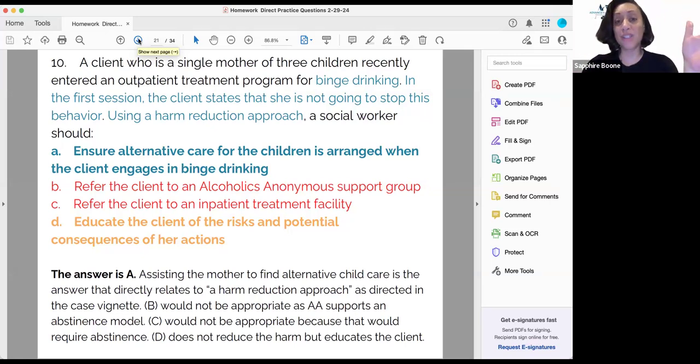But for harm reduction, it's a different approach in which once we know that the client does not have a desire to stop the behavior, now we're focused on how do we ensure that nobody gets harmed while you are indulging in this behavior. It kind of takes the judgment out of it. We have to be non-judgmental, we can't judge them for wanting to continue the behavior.